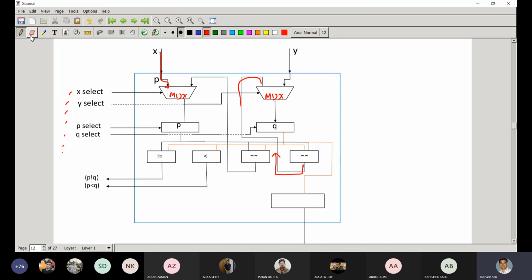Sorry, I am using red here. Very important part. If you understand it, you can solve our assignment today. Otherwise, the assignment I will give today, you can't solve it. Try to understand, very important to all of you. After that, I will give this assignment to solve.